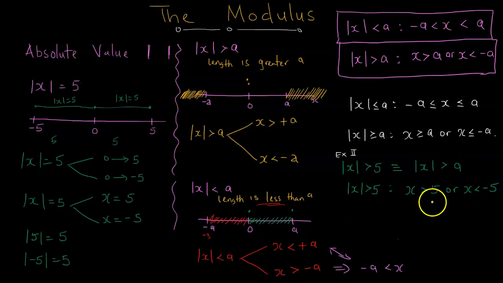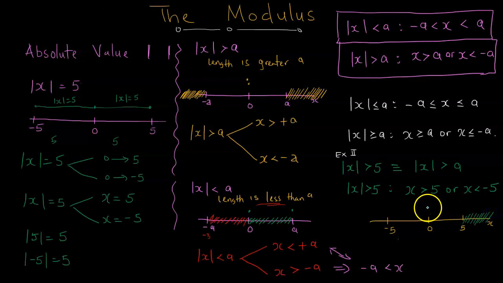And we can see that this makes lots of sense, because if this is a number line representing x and we are told that the values of x are greater than 5, then if this is 0, 5, and negative 5, now all of the values to the right of 5 are greater than 5.